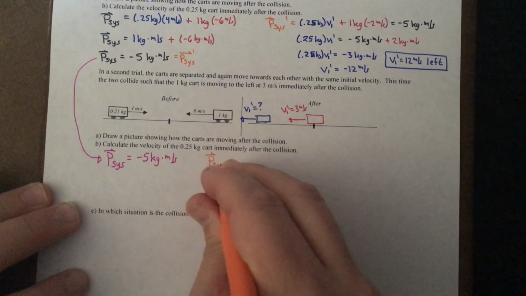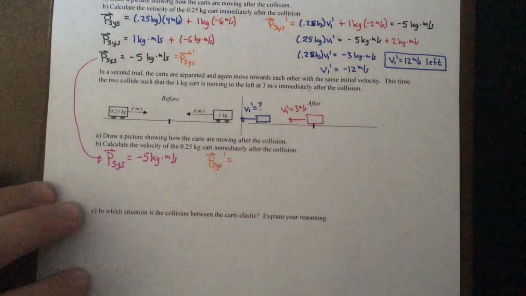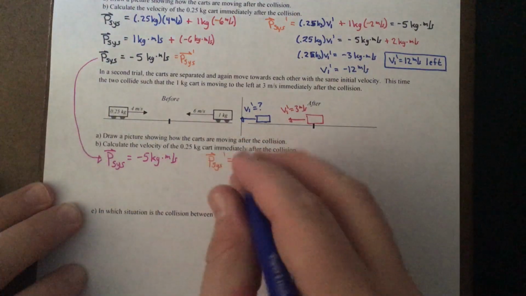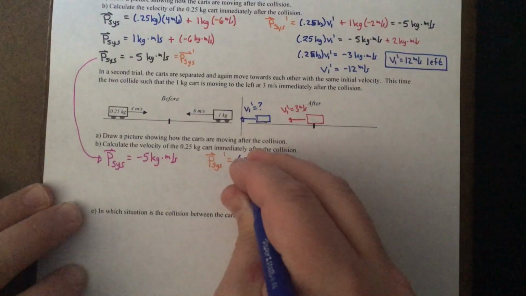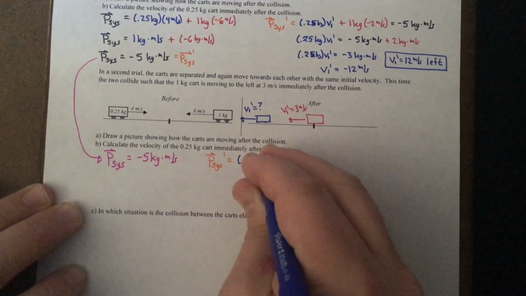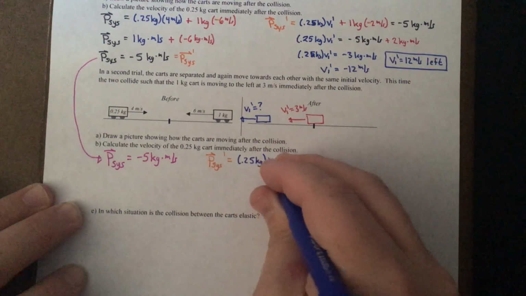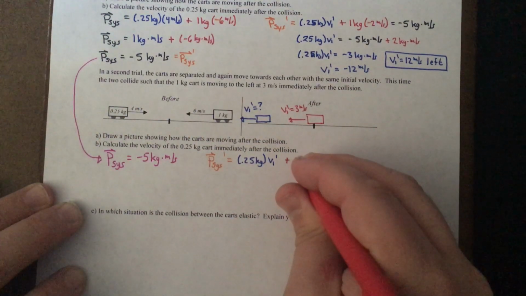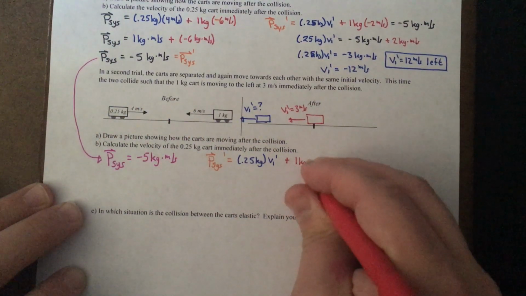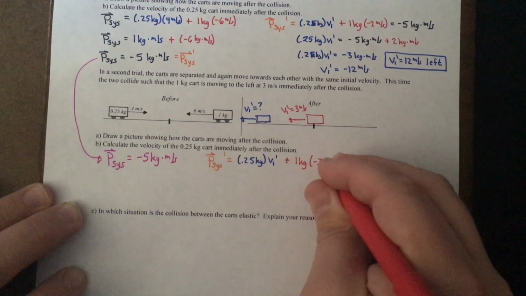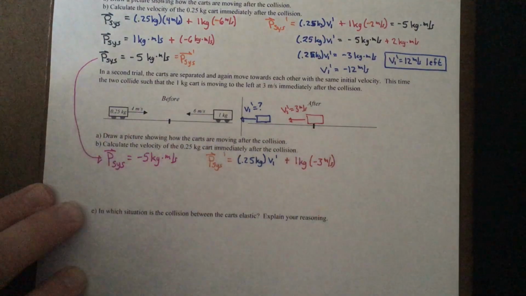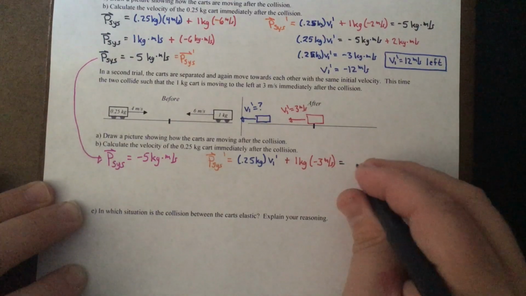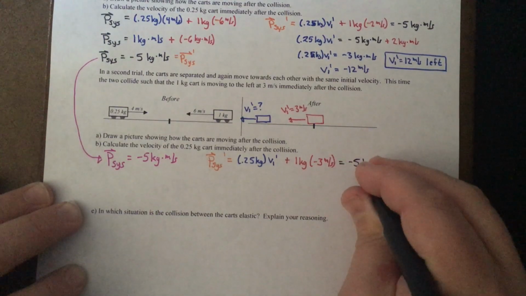So P system prime equals 0.25 kilograms times V1 prime plus 1 kilogram times negative 3 meters per second, like that. And that equals negative 5 marks.